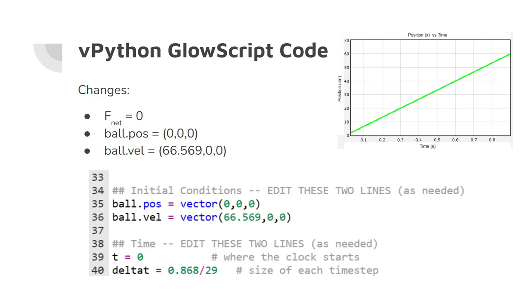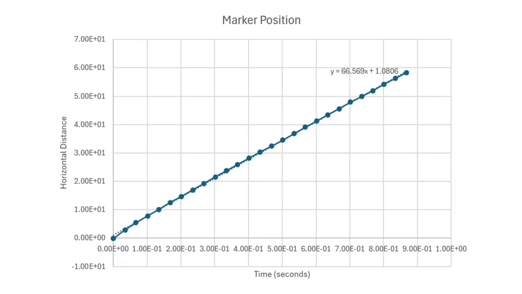This was the VPython GlowScript code. The changes that we made to the code were making all the forces equal to 0, or just deleting them in general. The ball position, we altered to be at the origin, and then the ball velocity was only in the x direction, and that value was captured from our Tracker model.